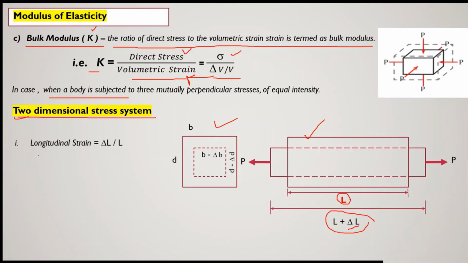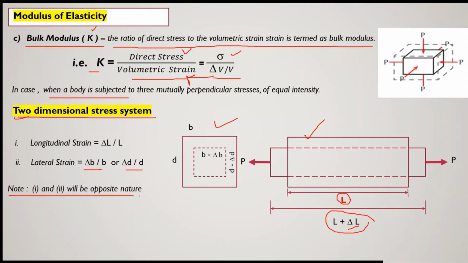So first of all, the formula for longitudinal strain will be delta L by L. Similarly, the formula for lateral strain will be delta B by B or delta D by D. Now here we have to keep in mind that longitudinal strain and lateral strain are of opposite nature. Opposite nature means, let us take this example into consideration. Here we were applying tensile force.